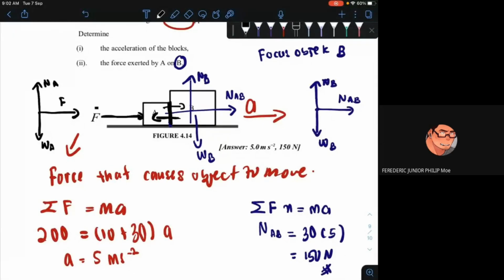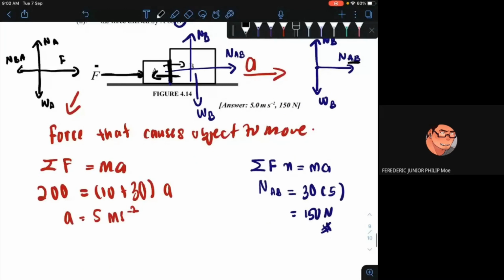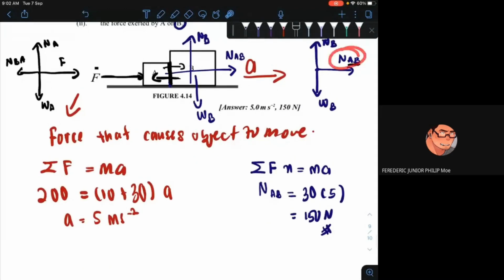When your A has exerted on B, your B will also react. So kita akan ada force B on A dekat sini. So basically, dia nak tahu nilai ini. However, force A on B sama sahaja dari segi magnitude dengan B on A sebab dia adalah action reaction force.